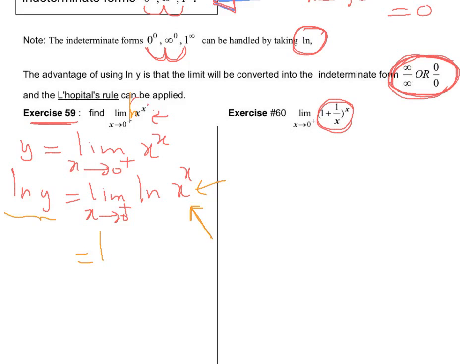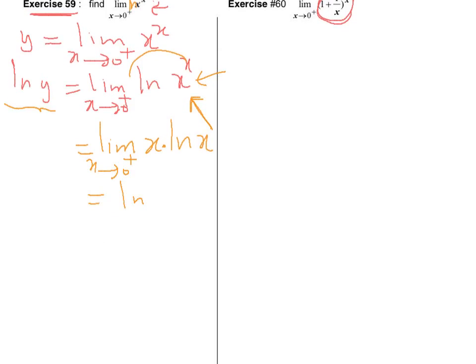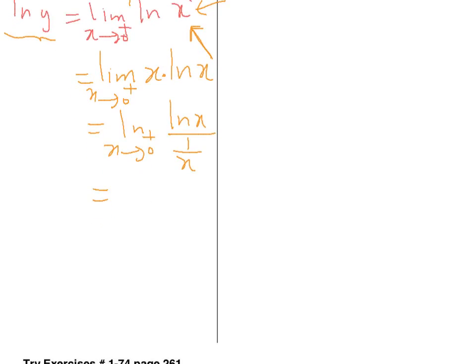The idea of taking ln is that we can bring this x in front of ln using rules of logarithms. So we have a product which can be written as a ratio, because we need a ratio for L'Hopital's rule. So this is ln x over 1 over x, as x goes to 0. Make sure this is 0 by 0 or infinity by infinity in order to use L'Hopital's rule.